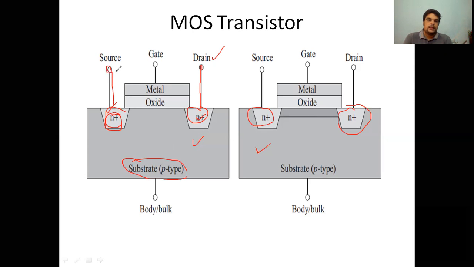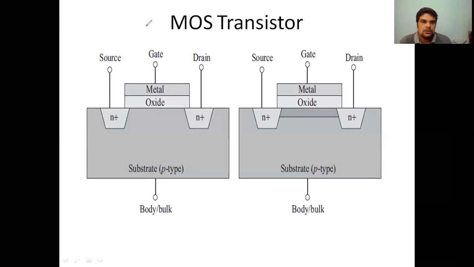At the gate terminal, a silicon dioxide insulating layer is used, above which a metal is used, or we can also use polysilicon here, and the gate terminal is connected over here. This is the basic construction of a MOSFET.